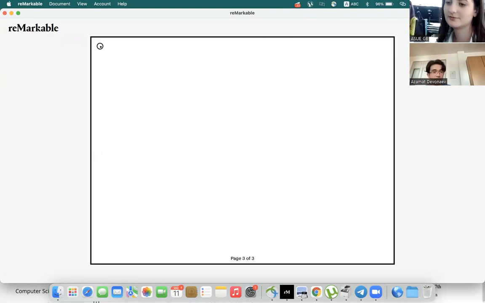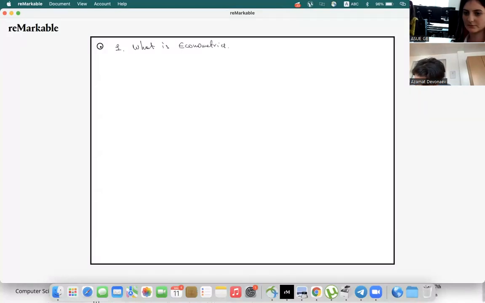Great. So what I want to start with is the first question that we outlined: what is econometrics? To answer this question, it is statistics applied to economics.